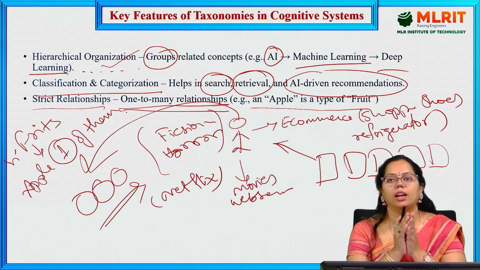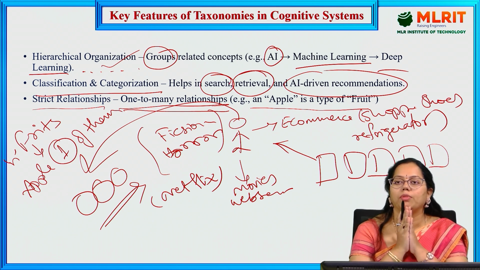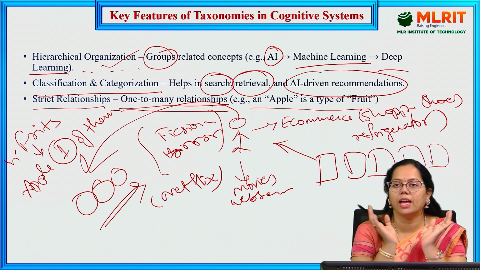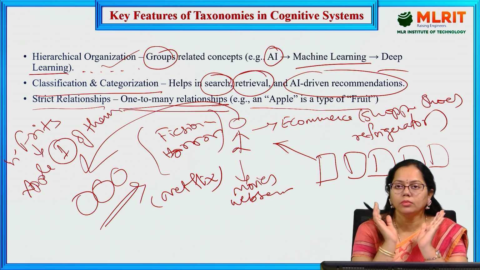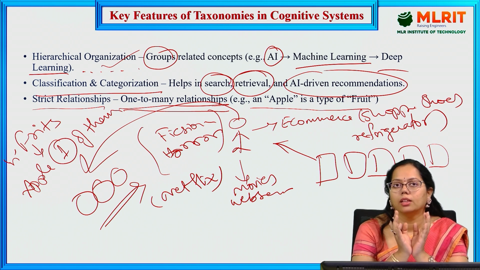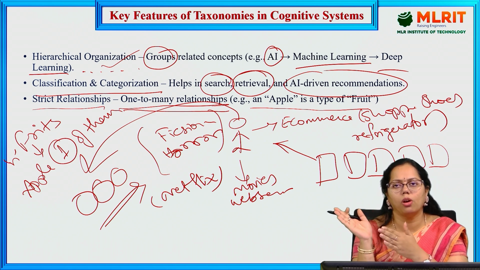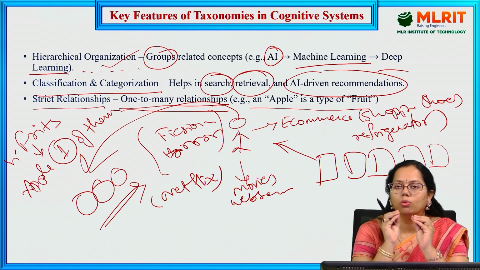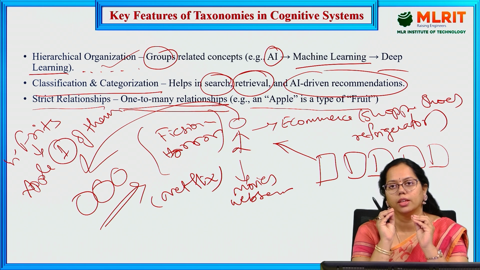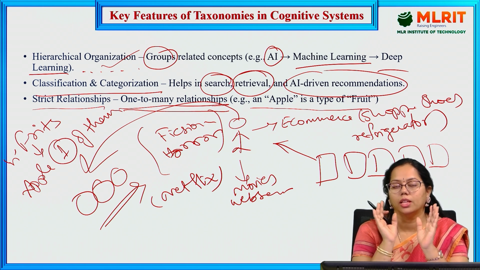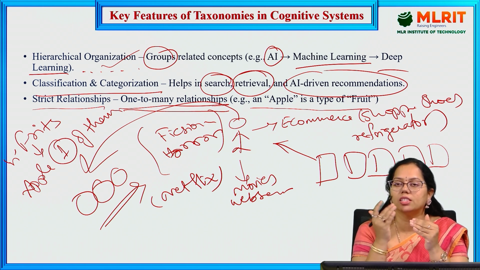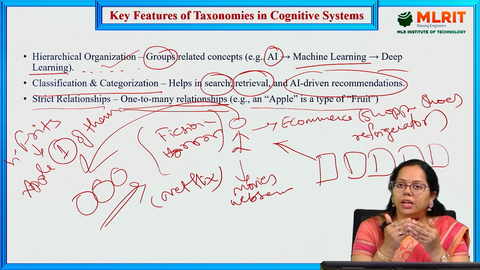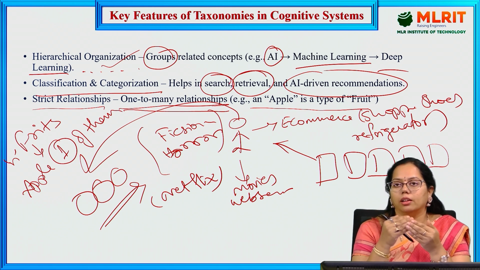So strict relationships is something where we have n number of fruits, n number of vegetables, but vitamins, minerals, iron and so on will fall under only a few categories or few items. That is strict relationships. It is restricted only to a particular content, a particular area.